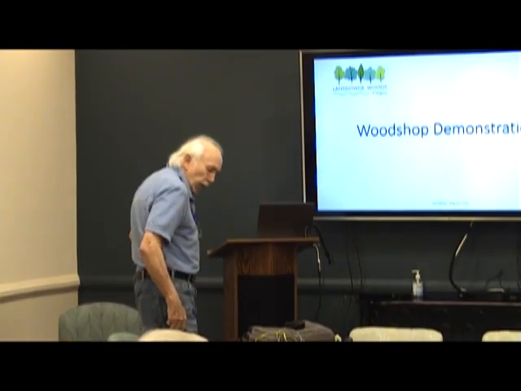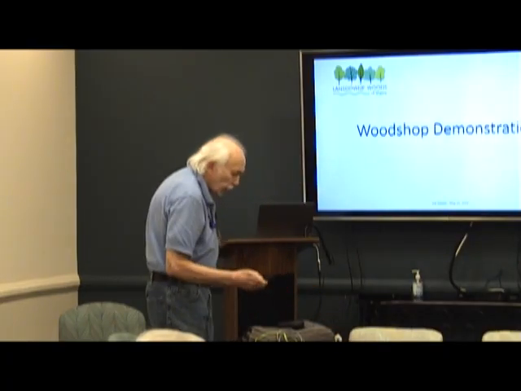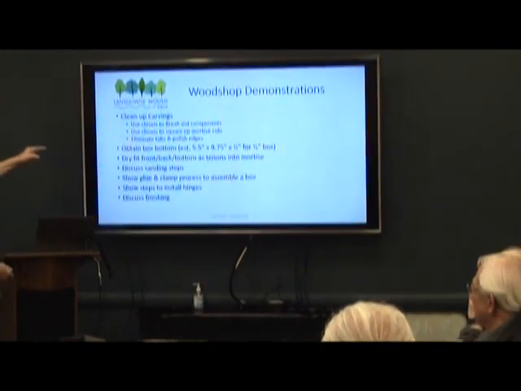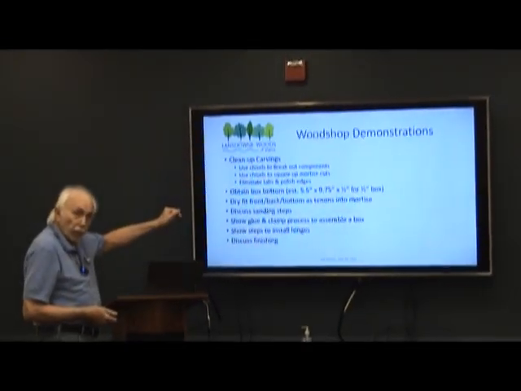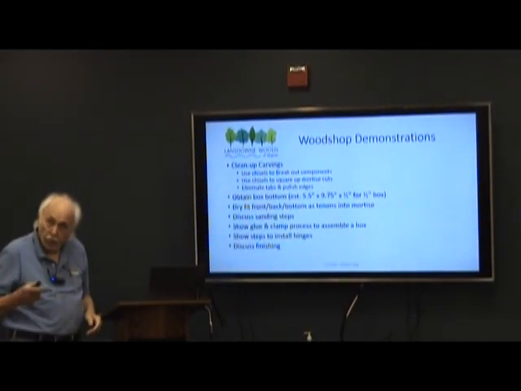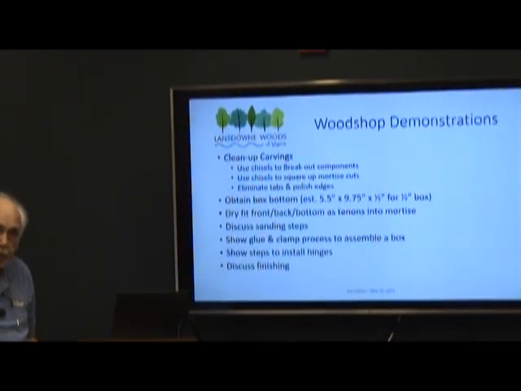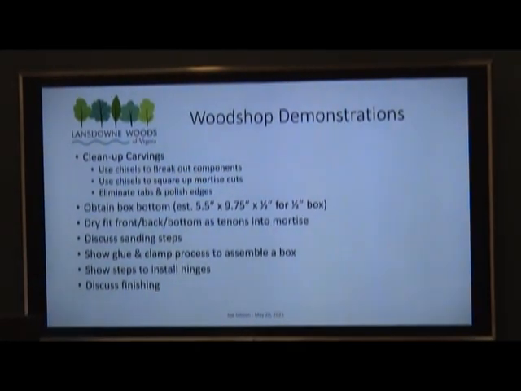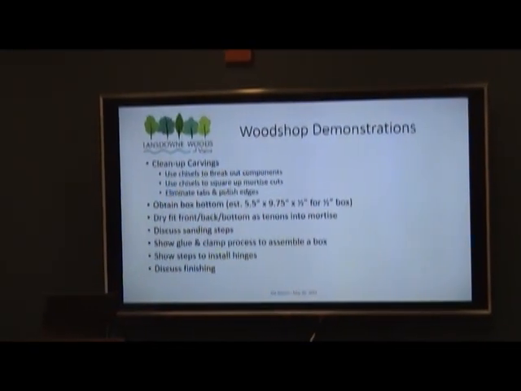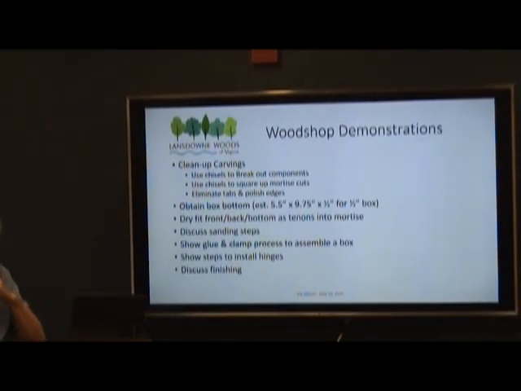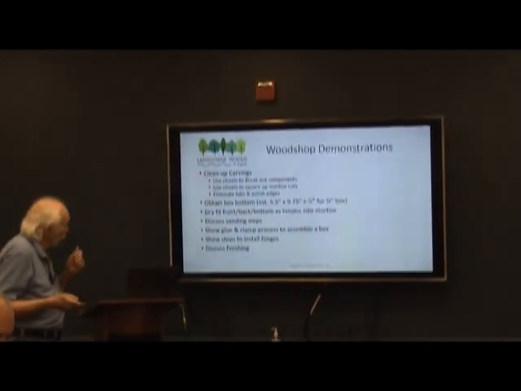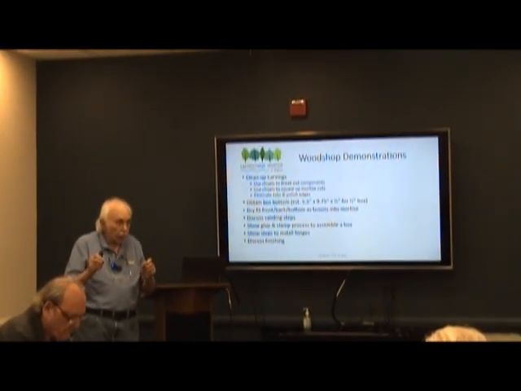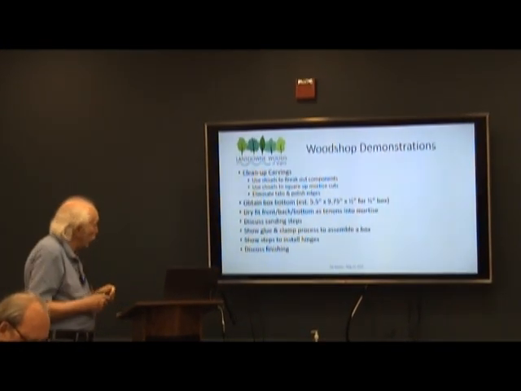Let's spend a moment looking backwards. We cleaned up the carving. We weren't thorough, we didn't do every single piece, but we touched on all of the process of cleaning up the carving. We've eliminated the tabs, we've polished the edges. We've talked about building a box bottom, dry fitting, making sure we don't break the wood sides along the mortise.